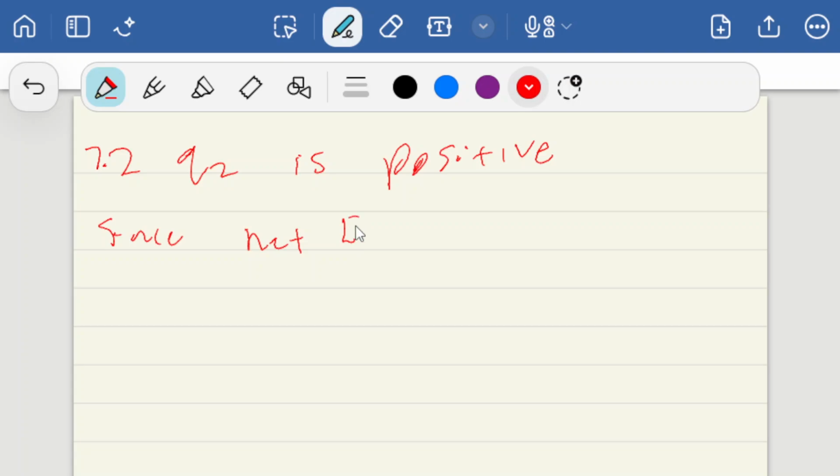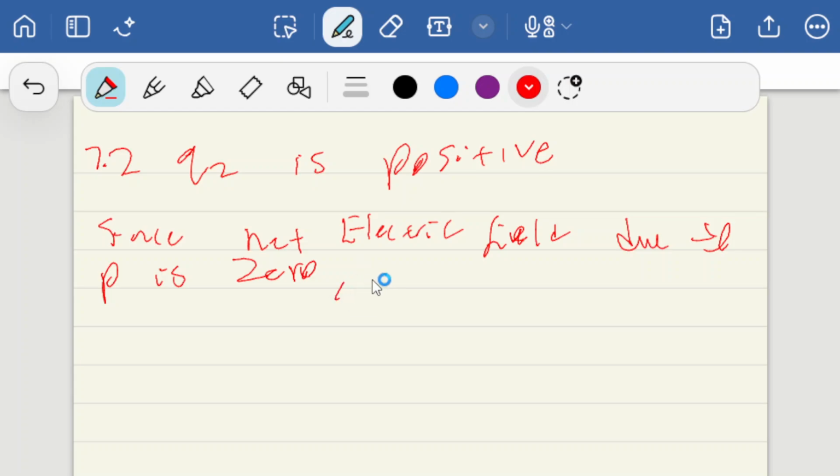Since the net electric field at P is zero, Q2 must be positive to oppose.